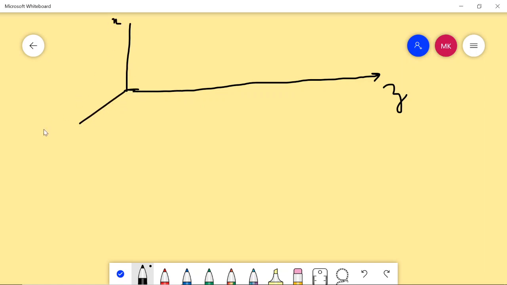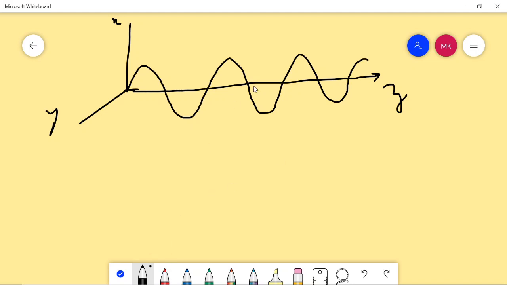This will be the x, and this will be the y. So if, for example, we have the electric field that will vary along the z direction at a particular time, generally we give this expression by using the formula cos(omega t minus beta z).